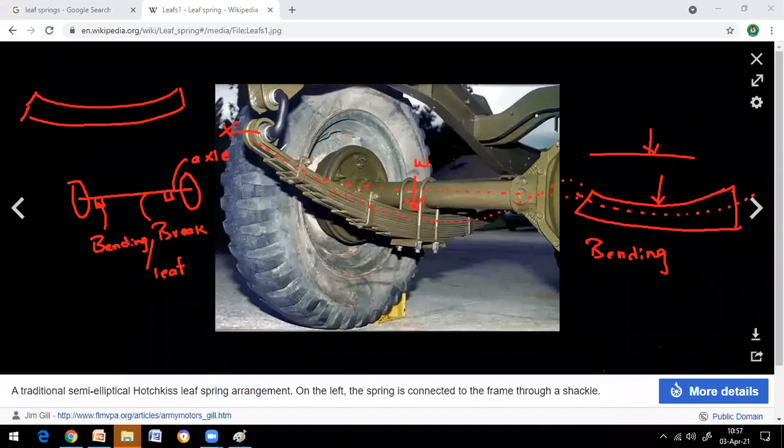See, this is one plate and this is another plate. Like this, there are a number of plates reducing in length, packed together with some plates. Why did they do this? Why can't it be a single solid member in the form of a semi-elliptical shape? We need to know that. Why?